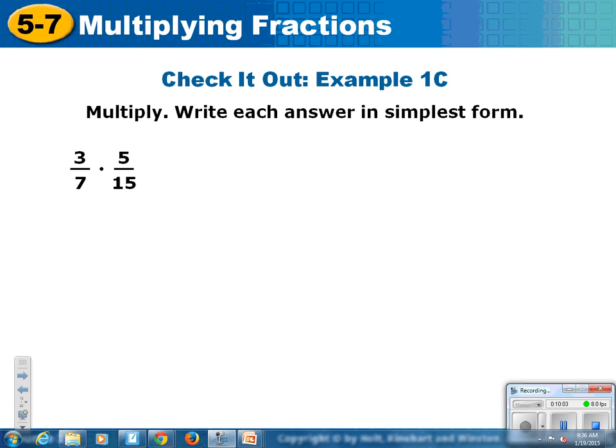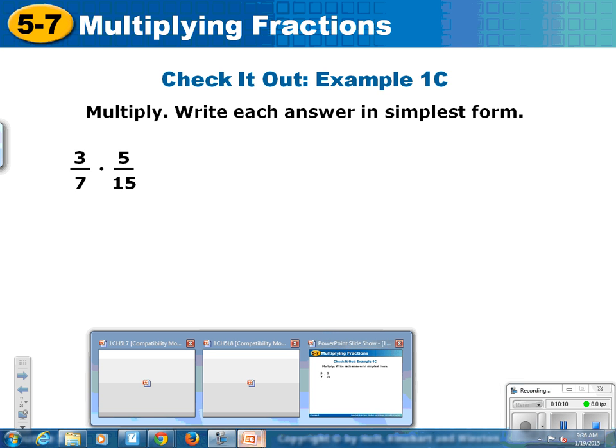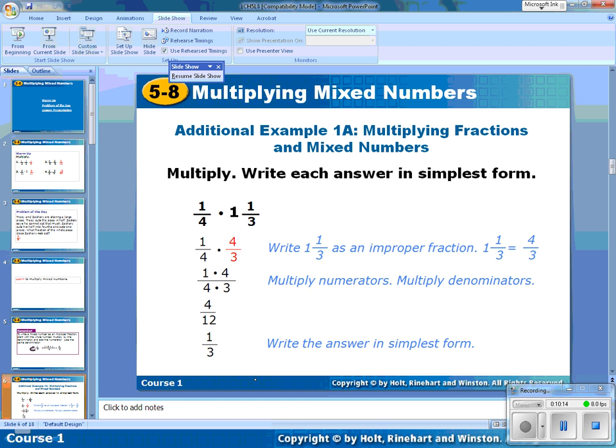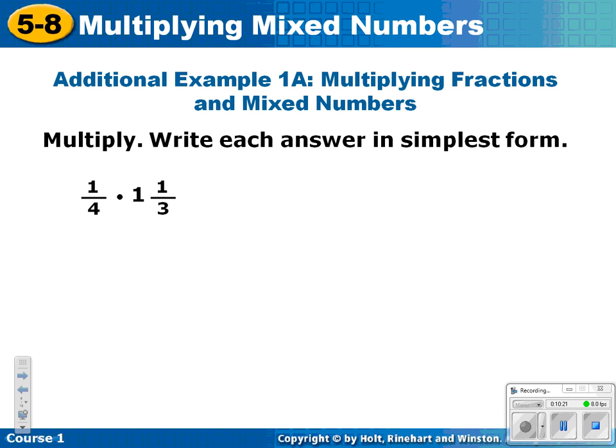The next thing that I want to talk about is the actual lesson for what I want you guys to do, to know. We are multiplying fractions and mixed numbers. This is actually really easy.